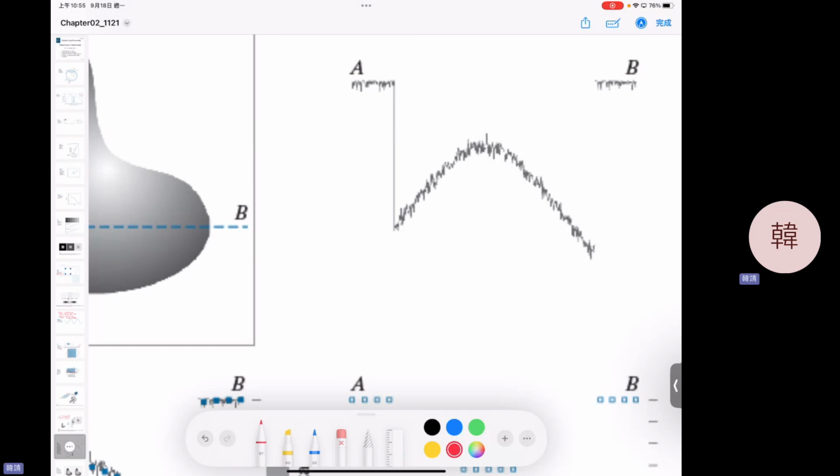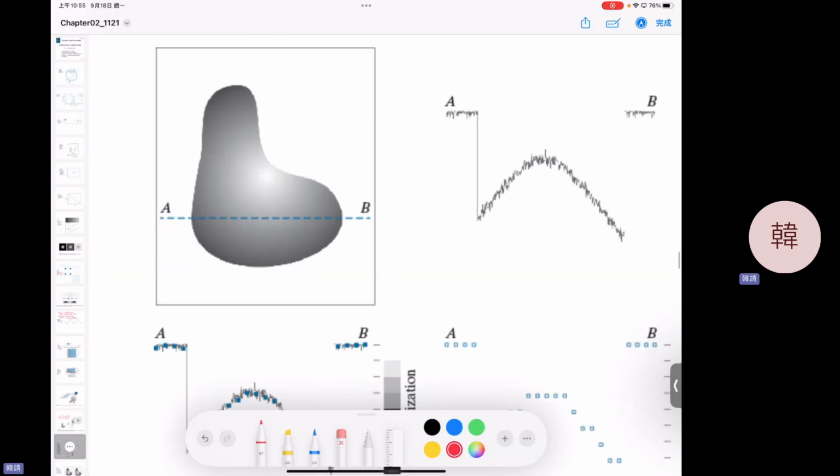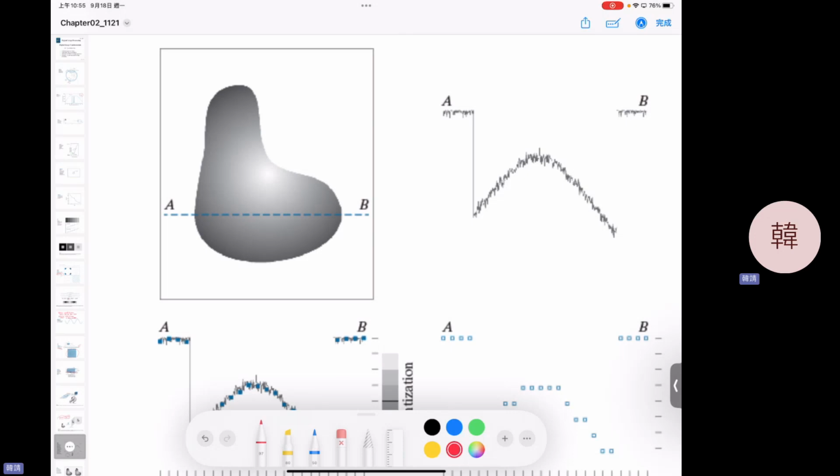Okay, so if you take a look, the profile from A to B here, take a section there, profile, and you will see the intensity level like here. Okay, the whiter is lighter, the intensity level is higher.